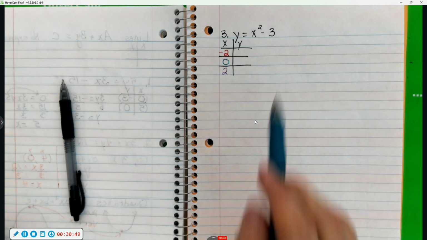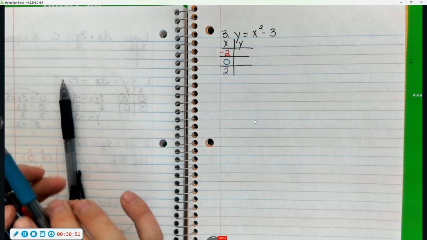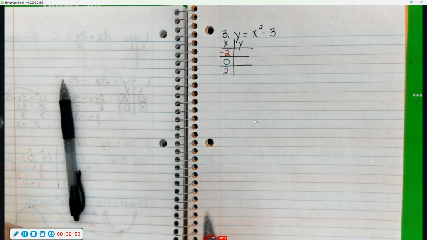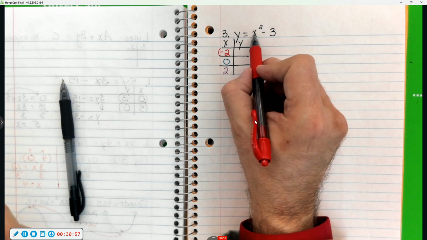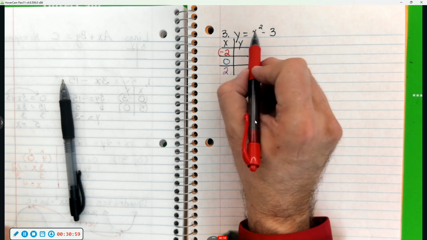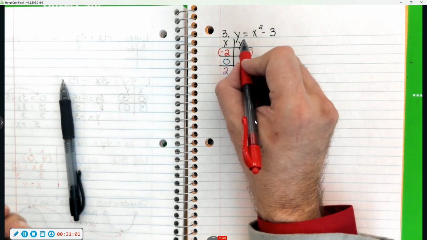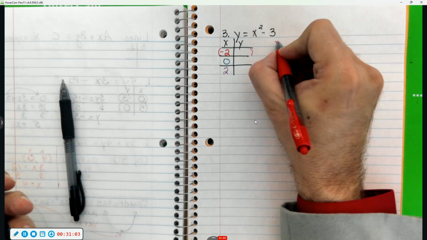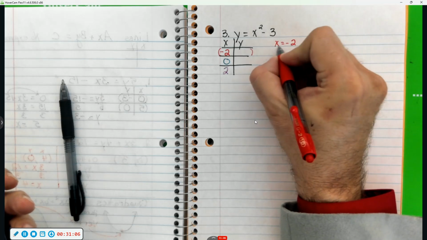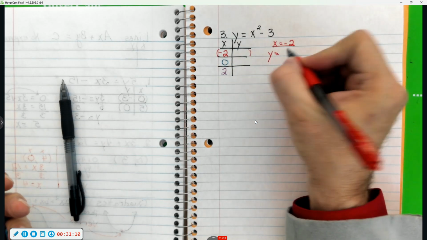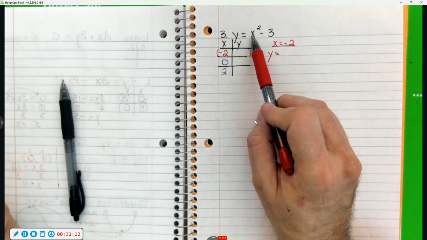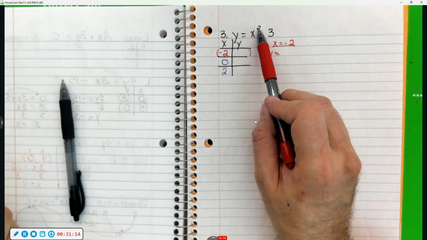But okay. So y equals x squared minus 3. Start off. This first line means plug negative 2 in for x. Now be careful. Plug a negative 2 in. We'd have y equals, now help me out, negative 2 squared.